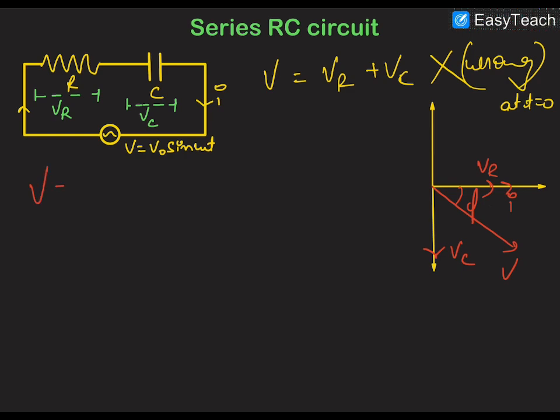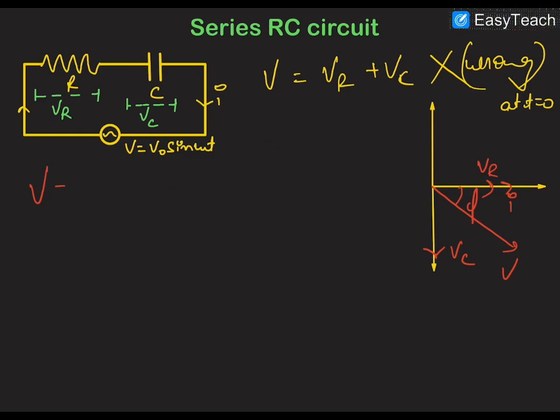So V in this case will be found by vector addition, and according to vector addition, V will be equal to the square root of VC square plus VR square. And let us first talk about tan phi also.